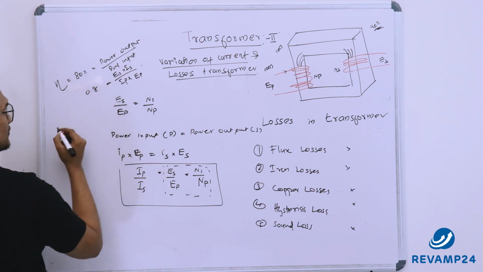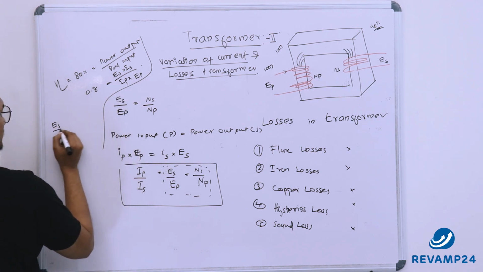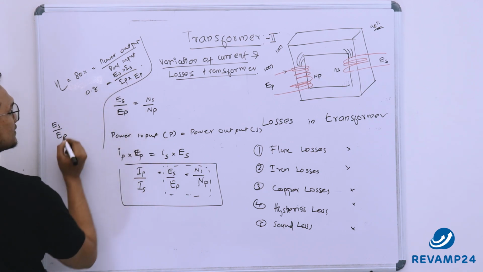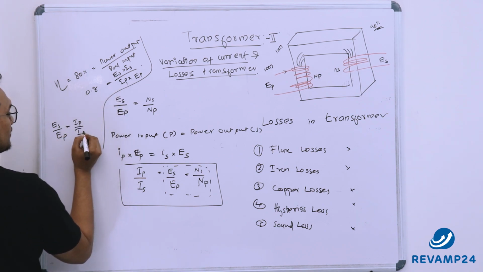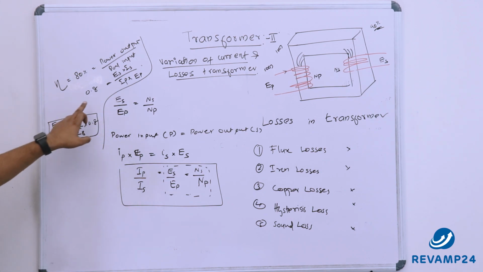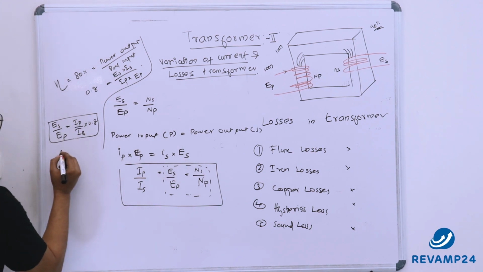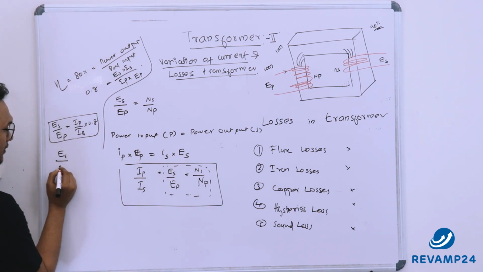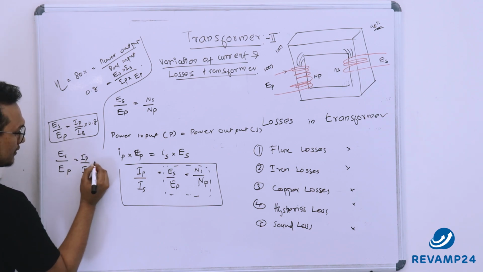Now I can say from this equation, ES by EP is equal to IP by IS into 0.8. When the efficiency is given and when we substitute the value, ES by EP is not equal to IP by IS. That is equal to IP by IS into efficiency. Now when efficiency is given, ES by EP is equal to IP by IS into efficiency.